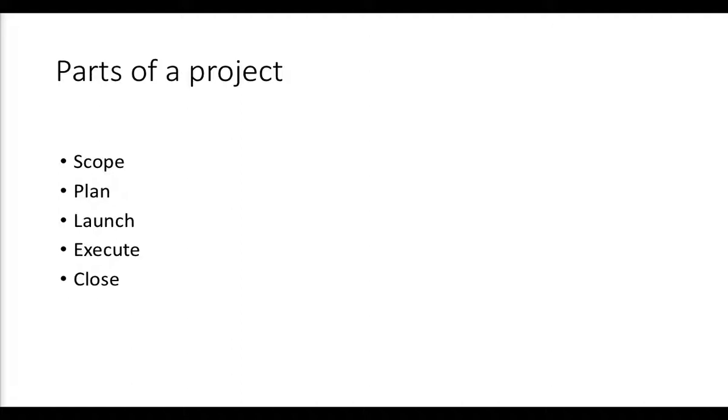So if you have a project, I haven't defined what a project is. That's something I want you to think about before we get to our first lecture. What is a project?